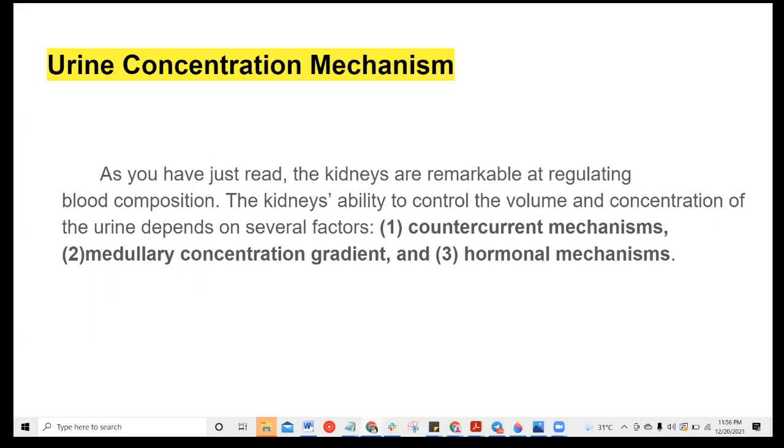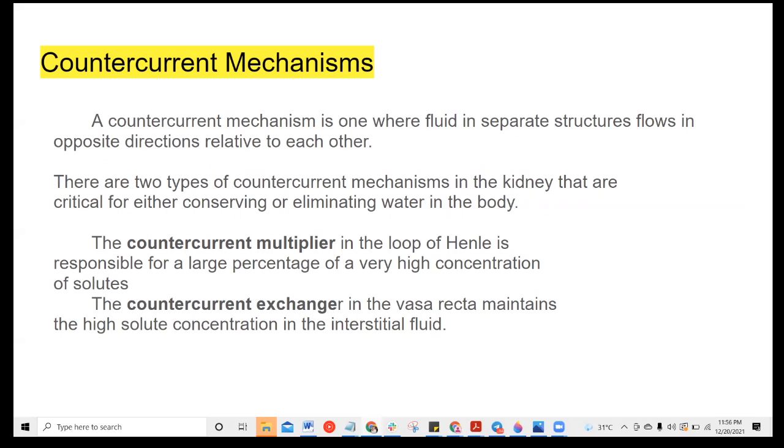Second is the medullary concentration gradient. And third is the hormonal mechanism. The countercurrent mechanism is one where fluid in separate structures flows in opposite directions relative to each other. There are two types of countercurrent mechanisms in the kidney that are critical for either conserving or eliminating water in the body.